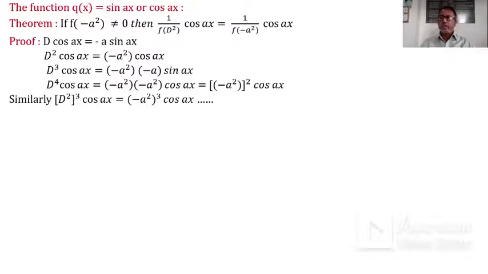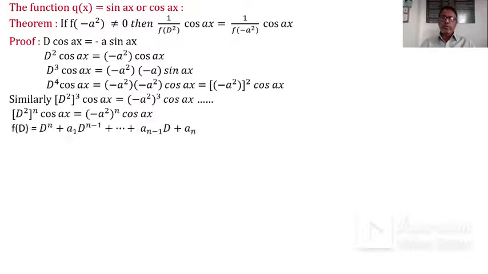In general, D square to the power n cos ax is equal to minus a square to the power n cos ax. We get this general result.